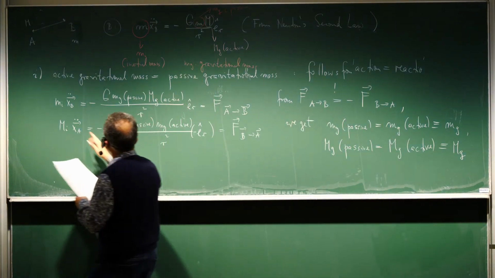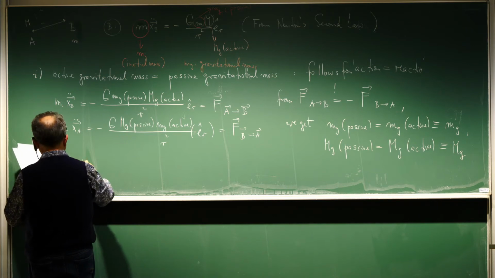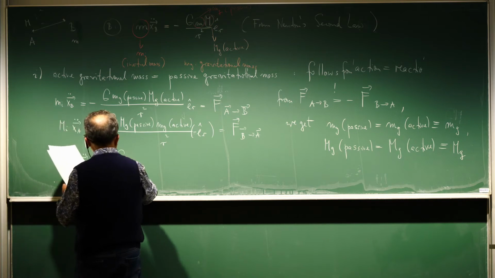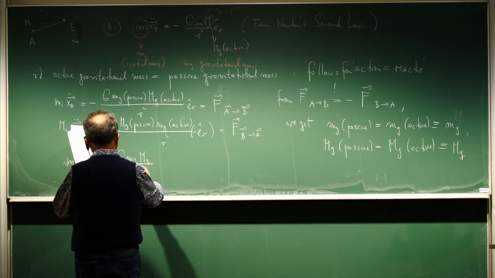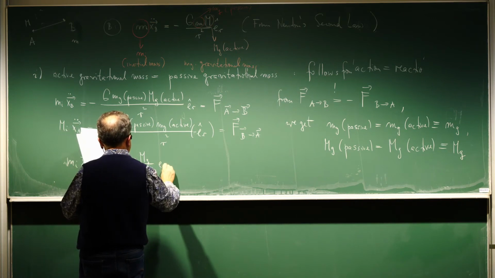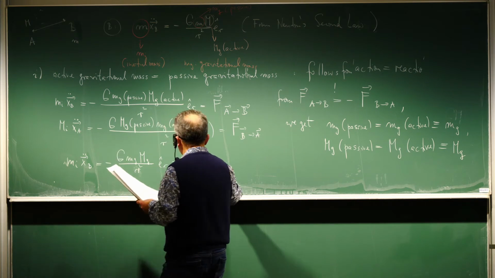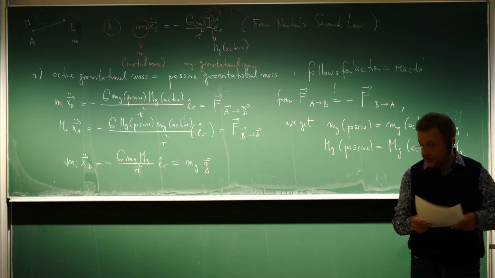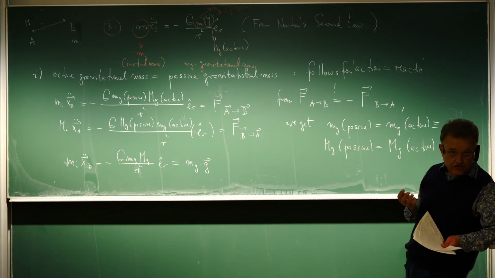For the first line we can just write mi xb double dot is minus G mg over r squared er, which is mg times g. So you see, Newtonian gravity is consistent for inertial mass and gravitational mass being different.